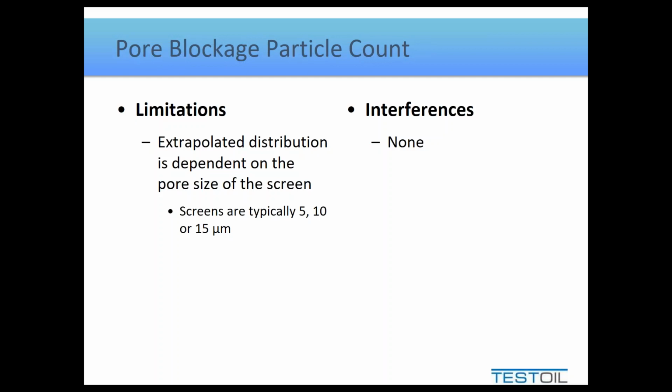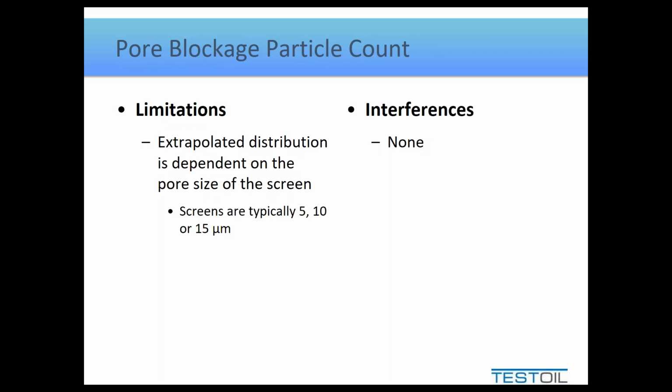Now, the limitation to this test, as you can see, is based on screen size. Screens can have different micron ratings. Typically, we choose something like a 10 micron screen, and then we're in the middle of the particle count range that's usually reported out. Understanding that elemental spectroscopy is 0 to 5 microns, however, particle counting is essentially 4 microns and larger, you should quickly see that we're not exactly measuring the same range of particles, even if they are in fact the same particles.